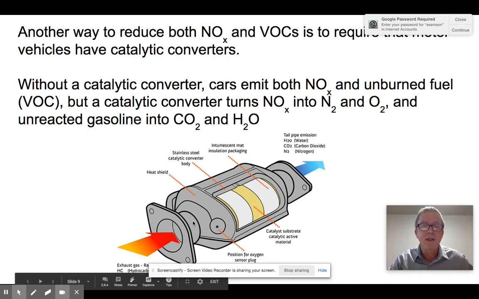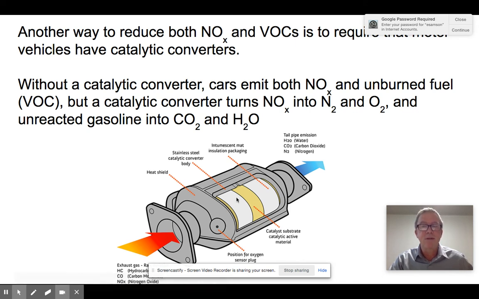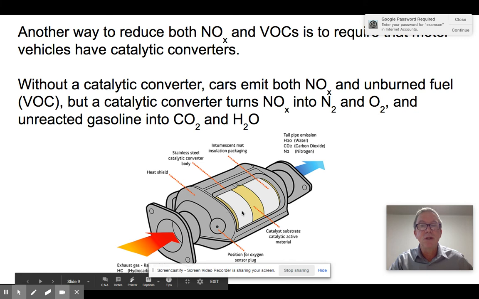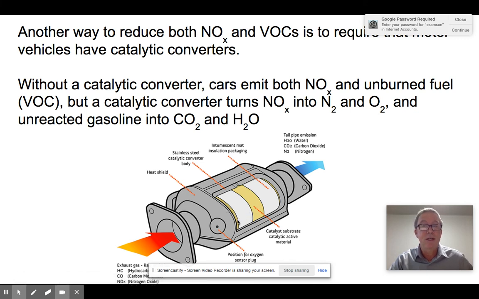As these things pass through a catalytic converter, there is a catalyst in there. It is basically a honeycomb of ceramic that is embedded with platinum and palladium. And these things catalyze the reactions of NOx into N2 and O2. So they take nitrogen oxides and turn them back into nitrogen and oxygen, which don't cause photochemical smog.